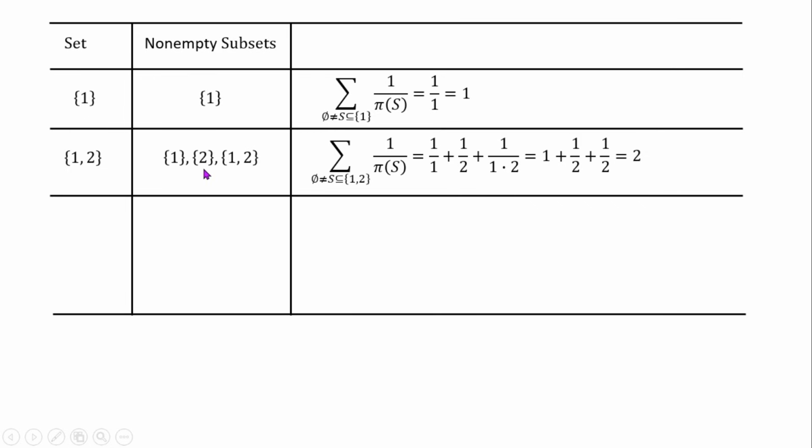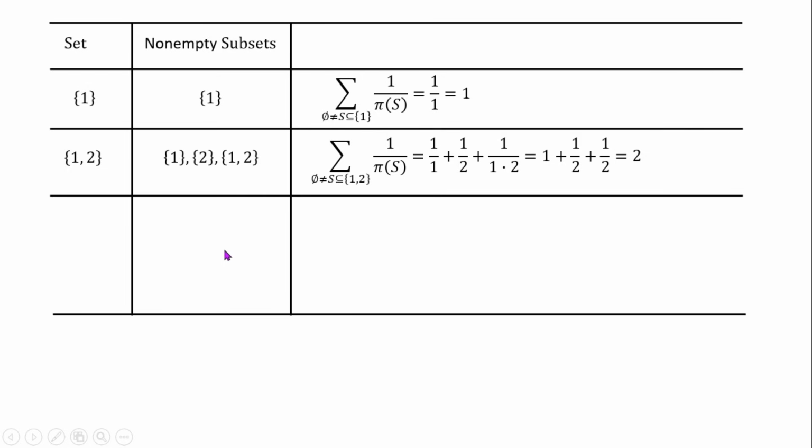For the second, pi of S must be equal to 2. And for the third, pi of S must be equal to 1 times 2. Now, getting the reciprocal of these products and then summing up, we must have 1 over 1 plus 1/2 plus 1 over 1 times 2. Simplifying, we get an answer of 2. This is the value of the indicated sum.